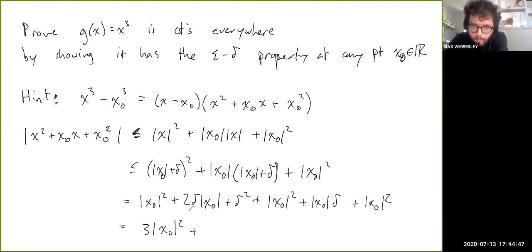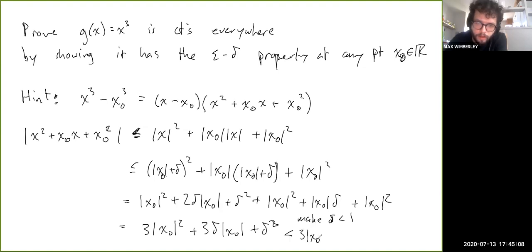plus 3 delta x naught plus delta squared. Okay. So if we make delta less than 1, then this is less than just 3x naught squared plus 3x naught plus 1, right? So then I'm just going to write it up here.